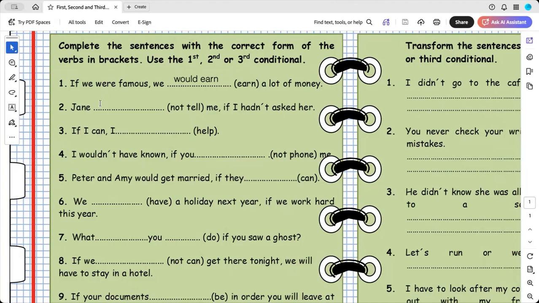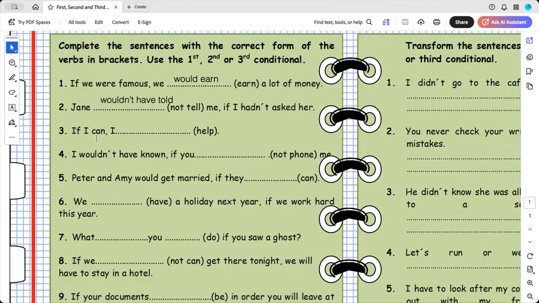So this bit should be present perfect. Jane wouldn't have told me. So Jane wouldn't have told me if I hadn't asked.